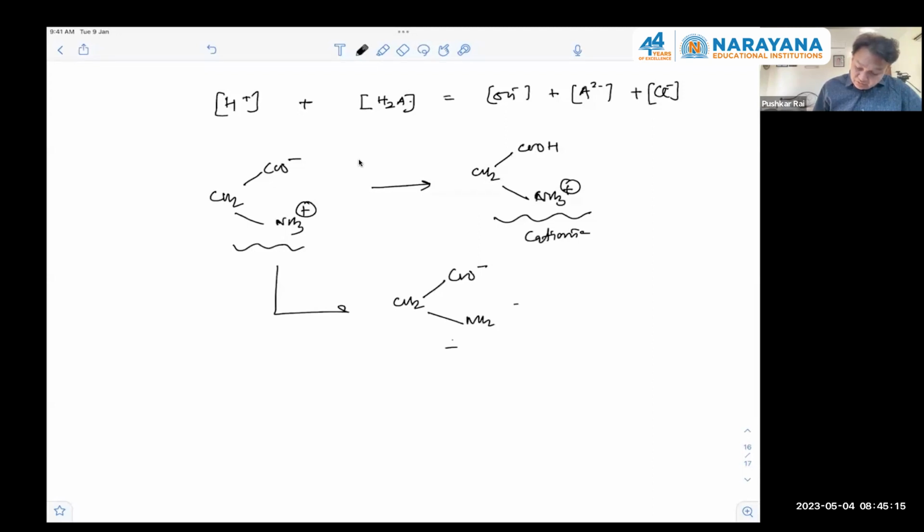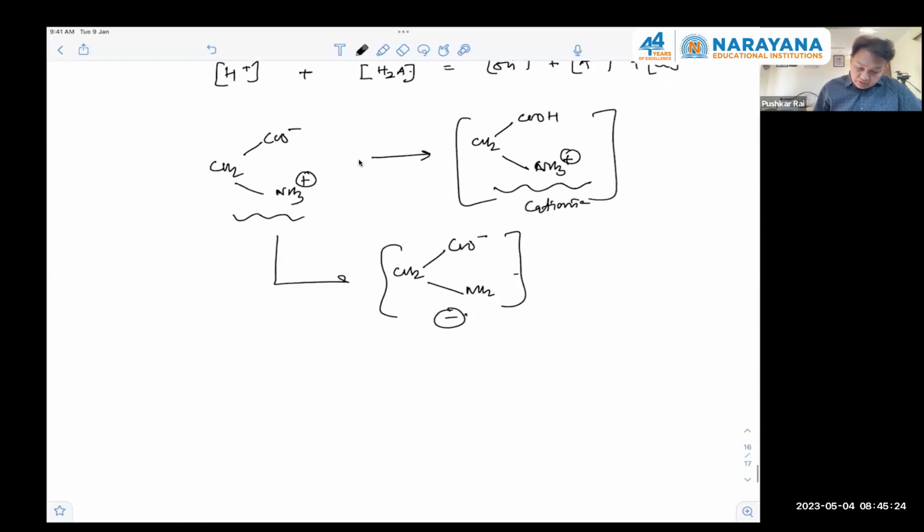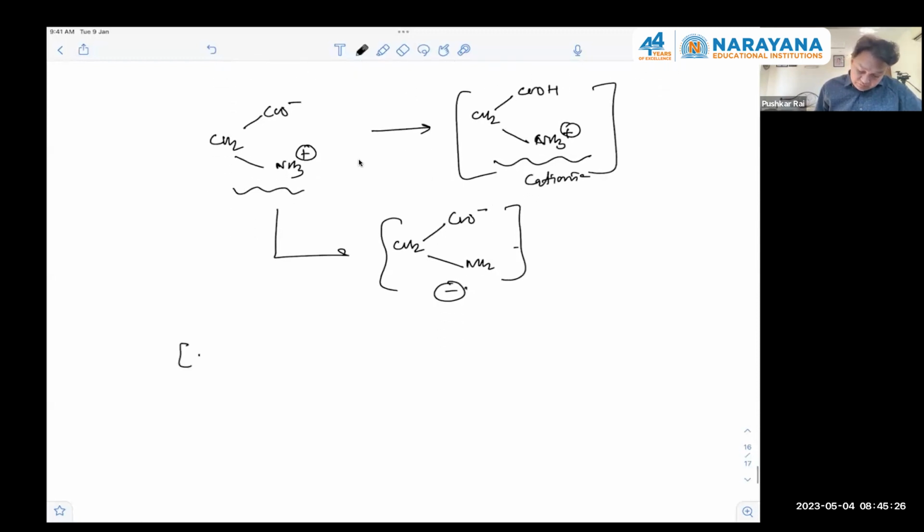We are going to call this the anionic species. So the concentration of this and the concentration of this should be equal. So I would write H plus plus the cationic species, should I call it A plus, that must be equal to the anionic species, should I call it A negative, plus OH negative and plus Cl negative. That's it.